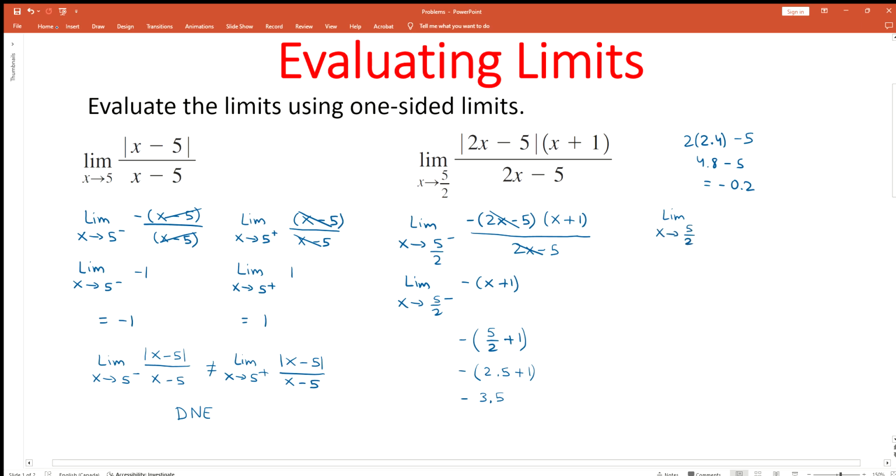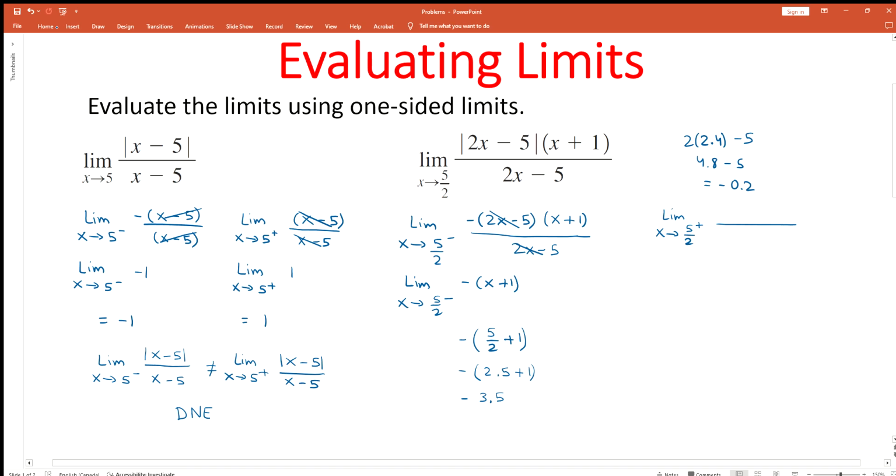We should put a small plus sign on 5 over 2. We have to get rid of the absolute value function in the numerator. Since we are calculating the right-hand limit, we are approaching 5 over 2 from the right side. On the right side of 5 over 2, x value should be greater than 5 over 2 or 2.5.